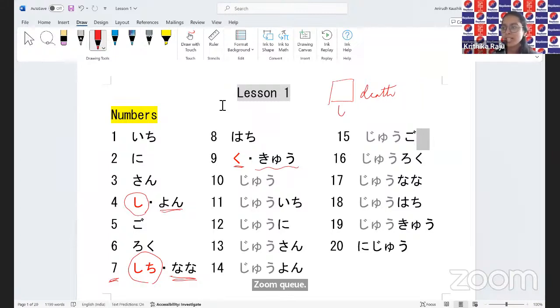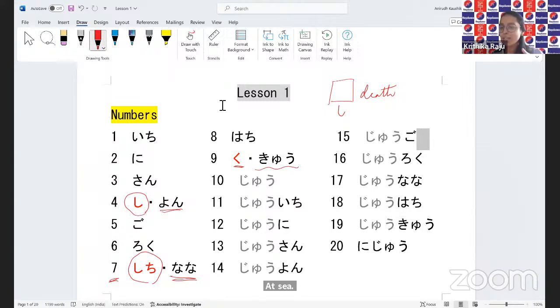What is 4? Yon. 5? Go. 6? Roku. Okay, once more. 4? Yon. 5? Go. 6?